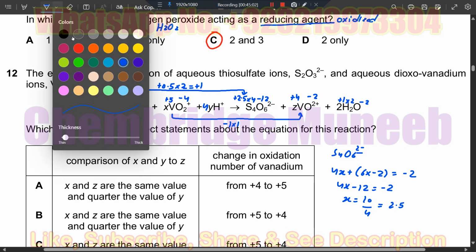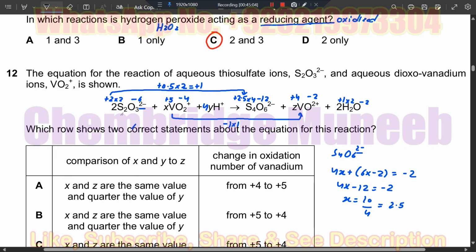So for calculation of oxygen atoms, let's check from the left side. There are 6 over here, and we have 2 over here. 6 plus 2 is equal to 8 oxygen atoms on the reactant side, and on the product side the oxygen atoms are 6 plus 1 plus 2, so this gives 9 oxygen atoms, so they are not balanced. To make them balanced, I will put 2 over here and 2 over here.